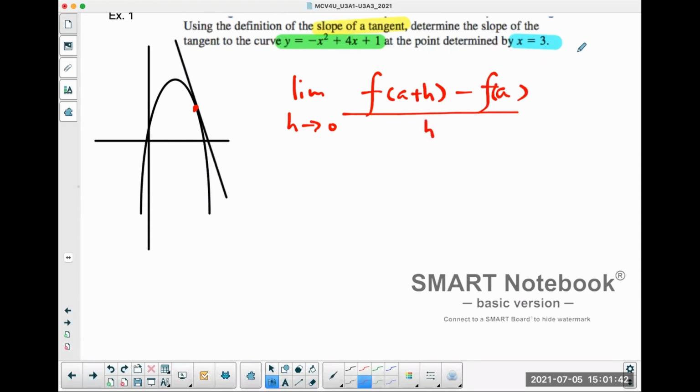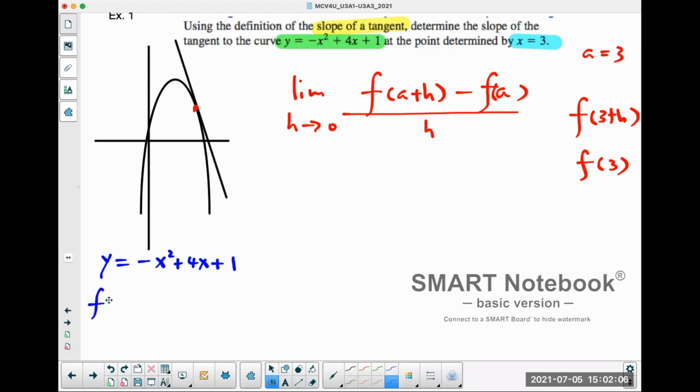What's the value of a? a is 3. So I need to find out what's f at 3 plus h, and I need to know what's f at 3. So I need to substitute that into the equation. You can do a little bit of work on the side if you want. The function is negative x squared plus 4x plus 1. f at 3 is negative 3 squared plus 4 times 3 plus 1.